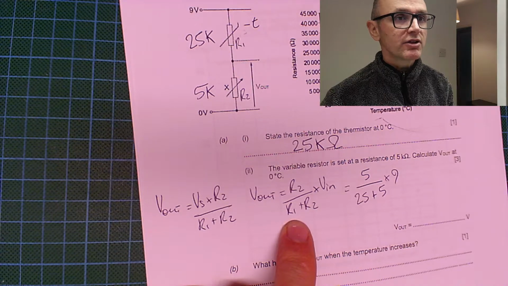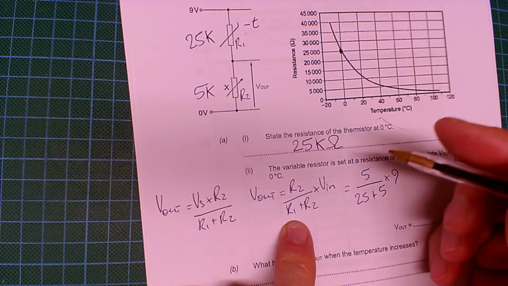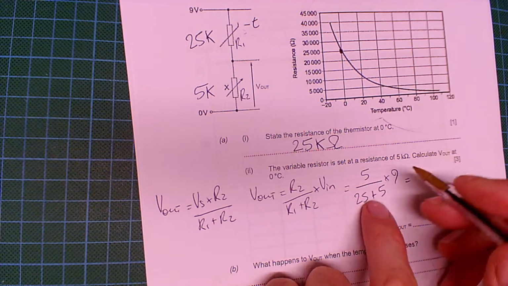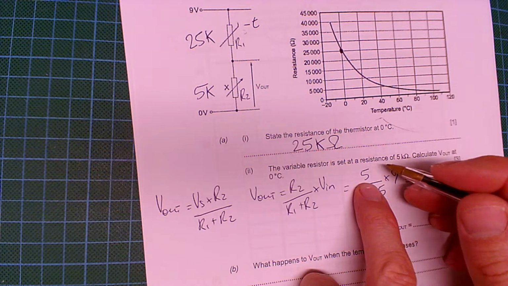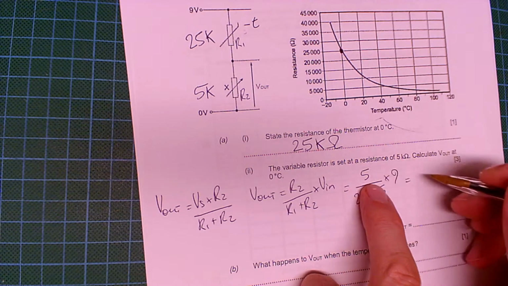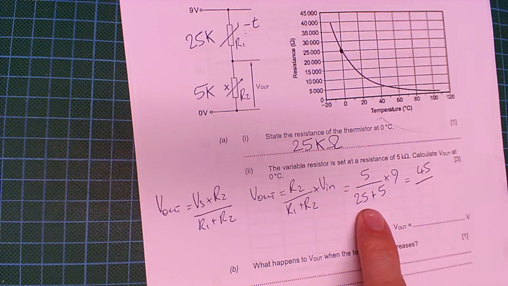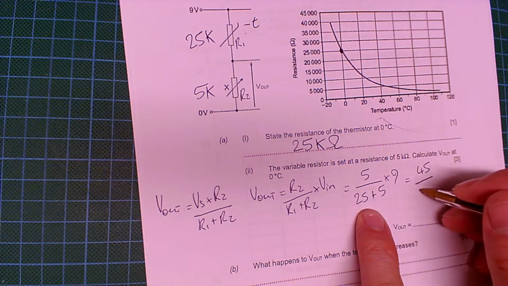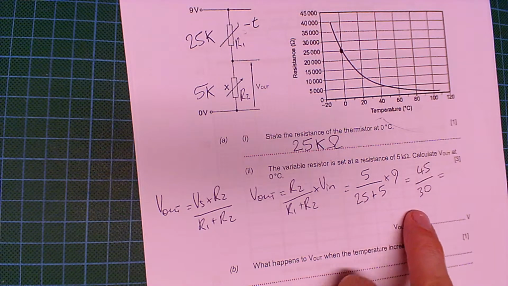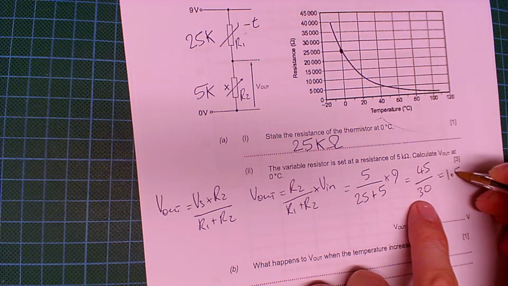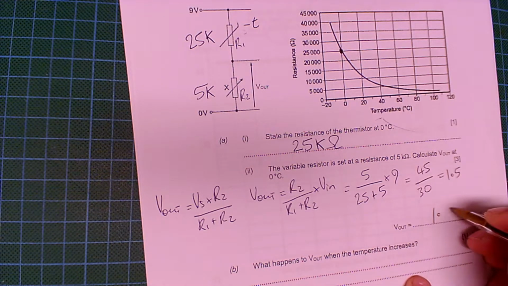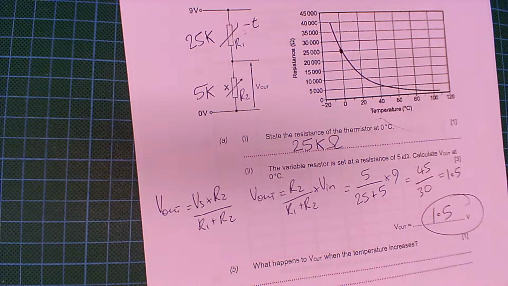Let me just make a little bit more room on the screen. So what are we going to have? We're going to have 9 times 5 over 30, and of course you can use your calculator if you want. What's that? That is 1.5 volts. That is the answer.